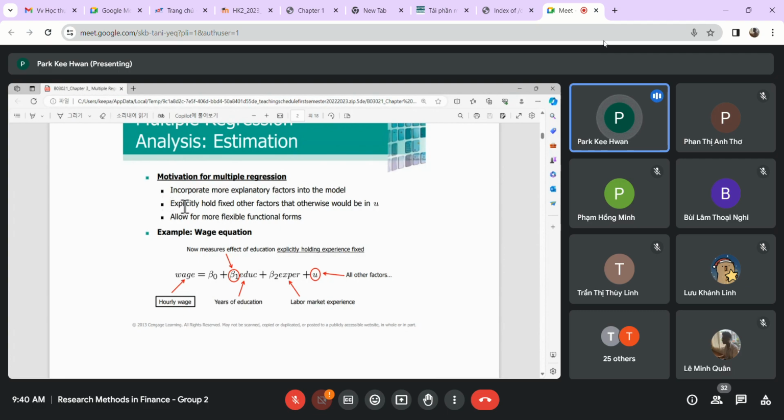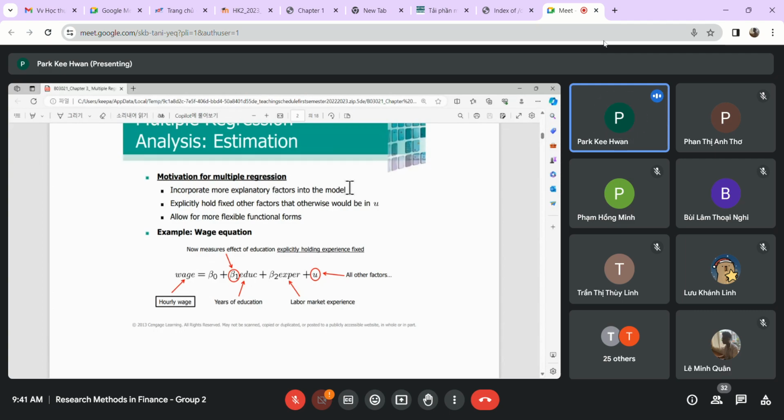The first thing is we incorporate more explanatory factors into the model, so we expect we should be able to explain better the variation in y by incorporating more explanatory variables.